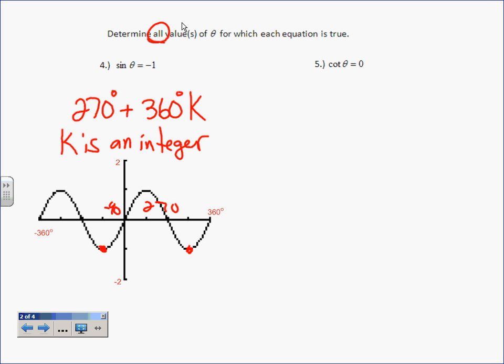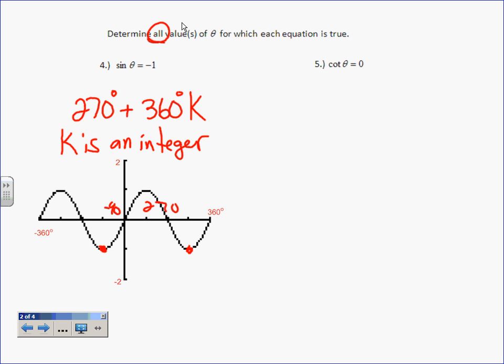You could put X, but K is kind of understood as a universal letter to see at the end of these types of problems. And then you could use X, like you said, and then just say X is an integer. But let's remember what an integer is. Integers are positive and negative digits, correct? And so could K be, for example, -2 in this problem? If I took 360 times -2 and then added 270, would that get me to another location?